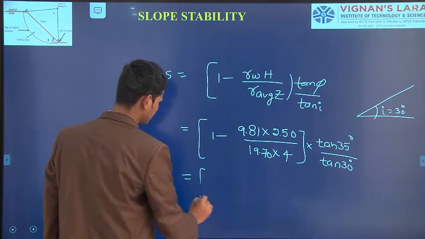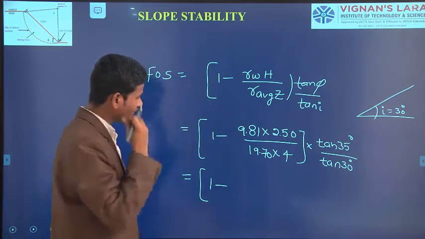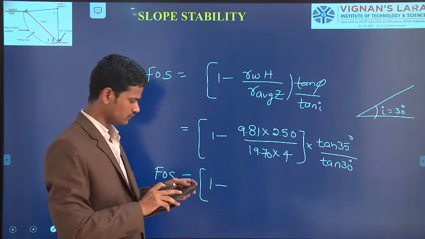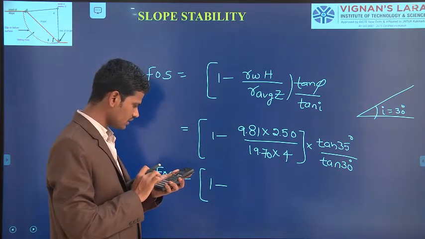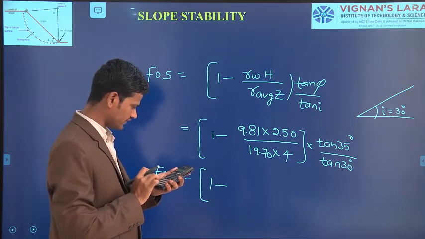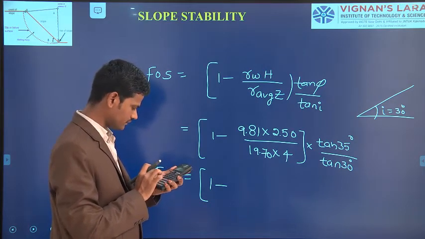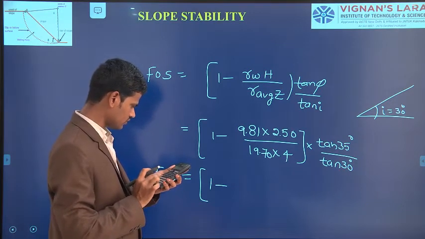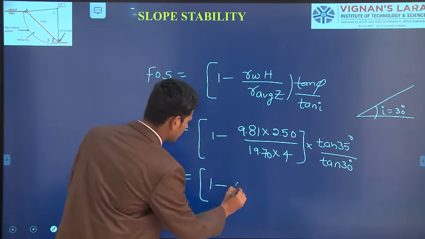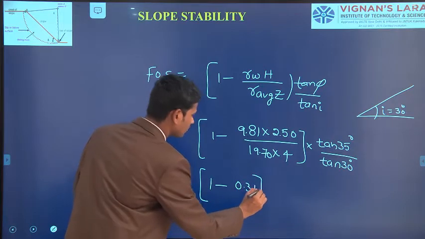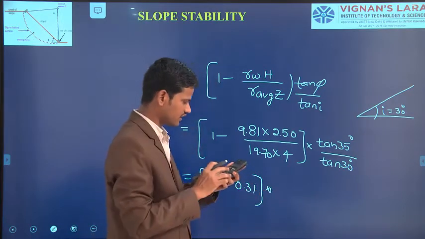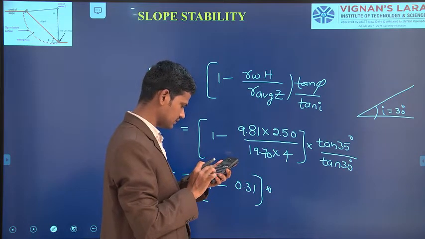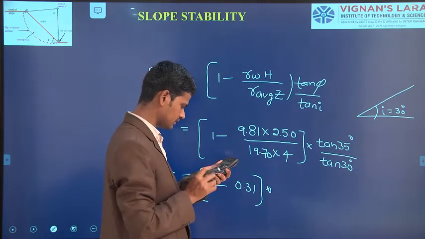If you substitute these parameters, you will get the factor of safety. Factor of safety equals 1 minus 9.81 into 2.50 divided by 19.70 into 4. That is 1 minus 0.31, into tan 35 divided by tan 30.